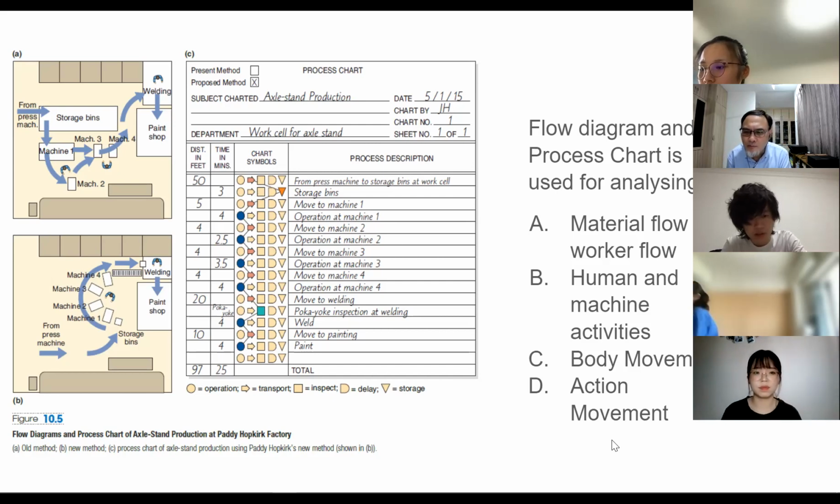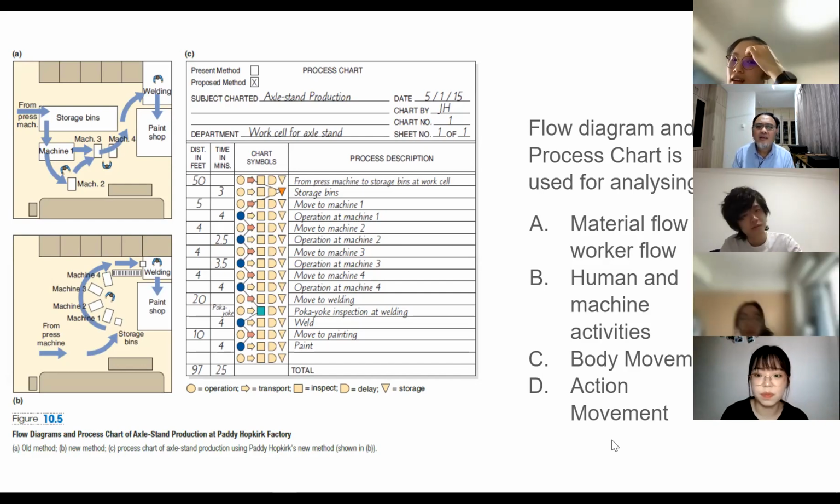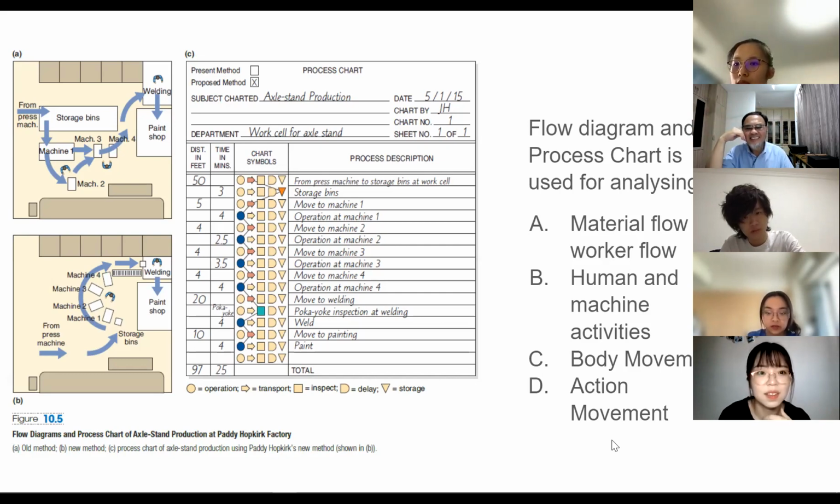Who has not answered in the poll? Yuki, have you put in the poll? There's only four responses. One of you answered A, two of you answered B, one of you answered D. Only four of you answered. What's the correct answer?